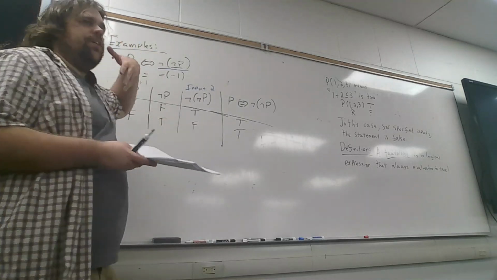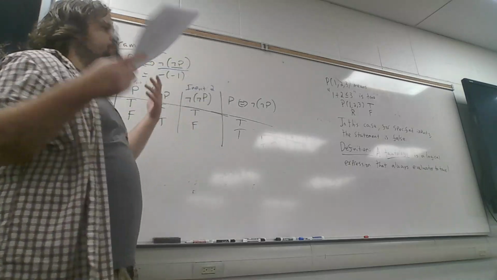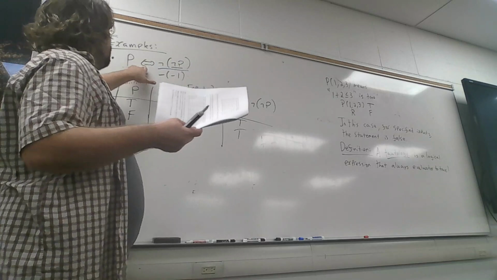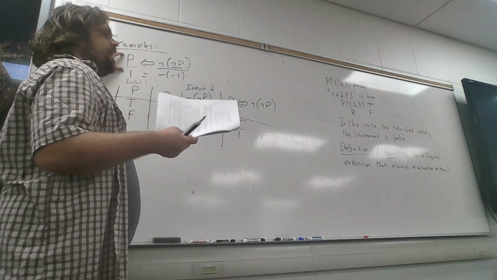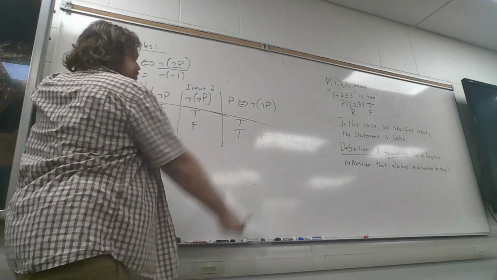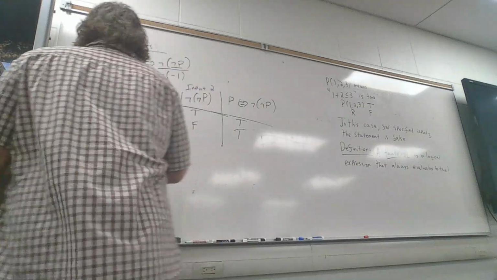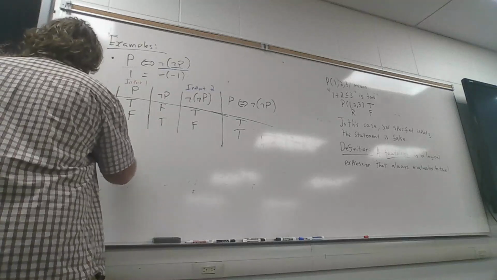So it offers us sort of a simplification method. If something more complex is on one side of this symbol, and we've said it's a tautology, that's important, we've said that if we write down the truth table, it's all T's, then we can replace each other.